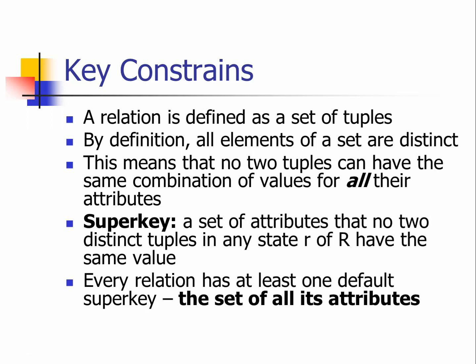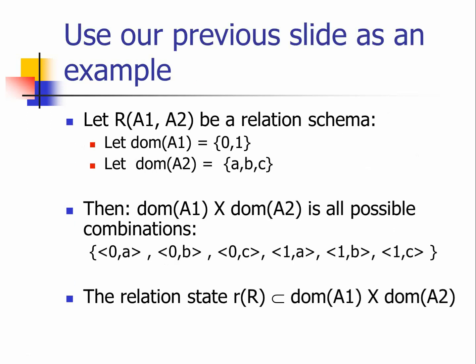Every relation has at least one default superkey, which is the combination of all of the attributes. Since the definition says that tuples cannot be all the same, if we pick every single attribute, that is a default superkey. Using the slides that we have seen earlier as an example, say I have a relation with only 2 attributes, and each attribute has a very specific domain. A1 is a Boolean attribute, A2 has only 3 possible choices.